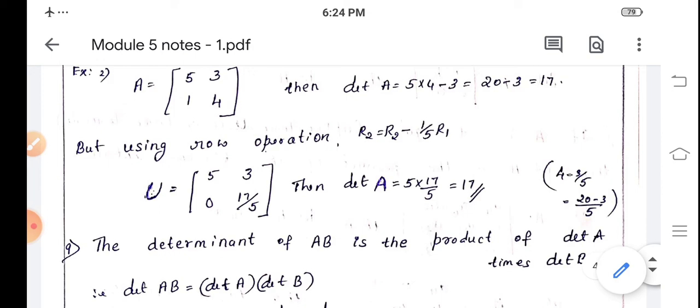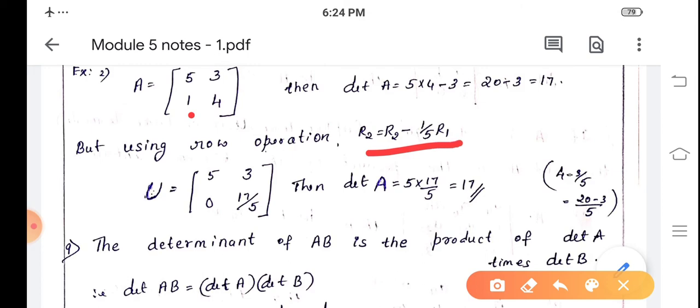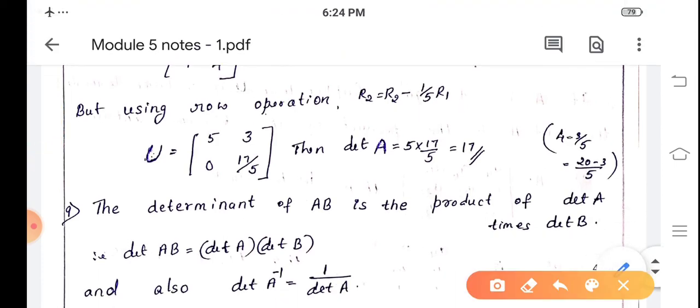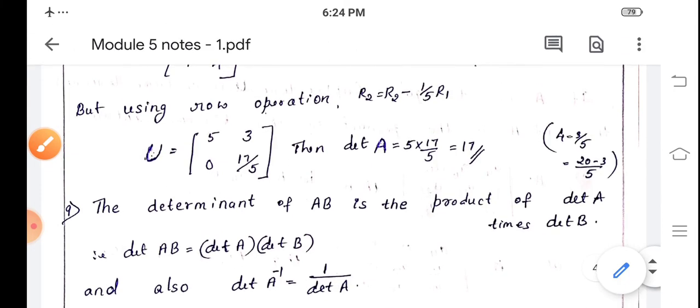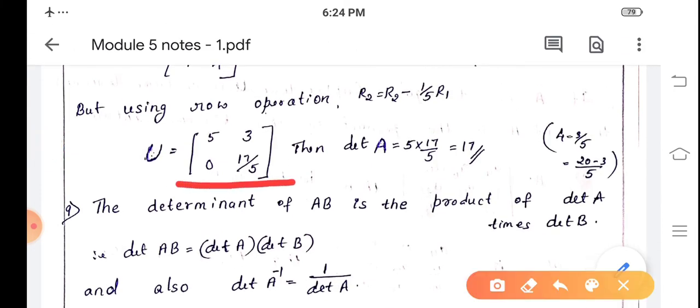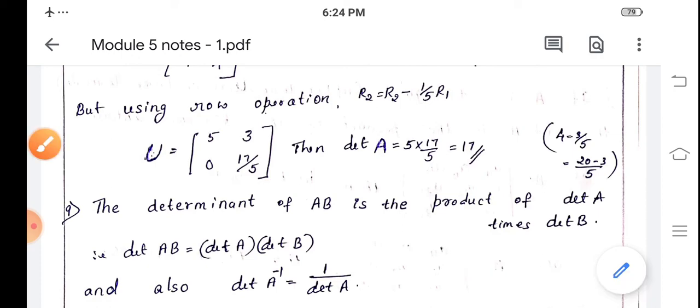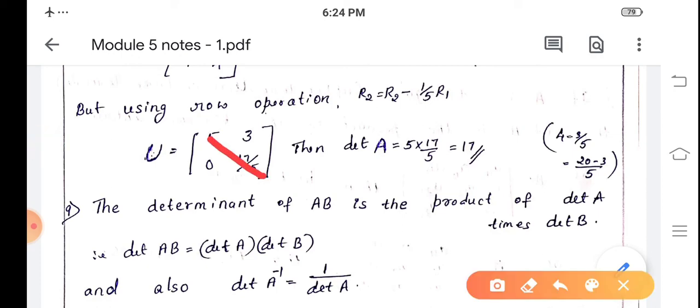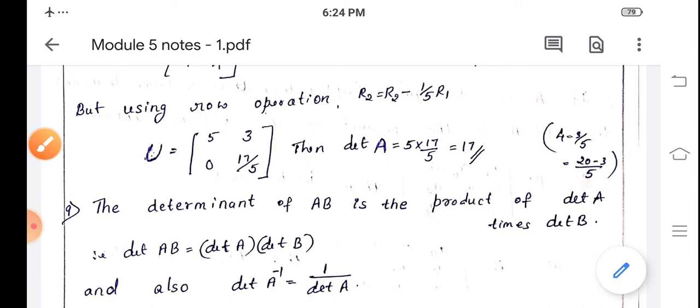So here, I will write the row operation for R2 as R2 equals R2 minus 1 by 5 times R1. Now we get 5, 3, second row 0, 17 by 5. So it is reduced to echelon form. This is the upper triangular form of the matrix A. Now, the determinant of A is the product of the pivots, that will be 5 into 17 by 5, that is 17.